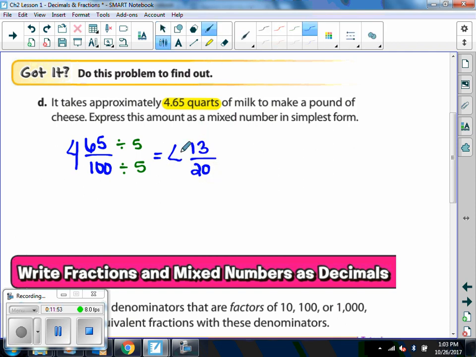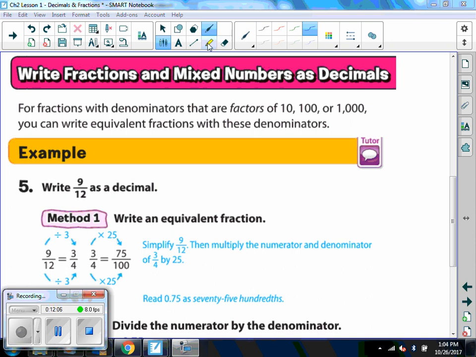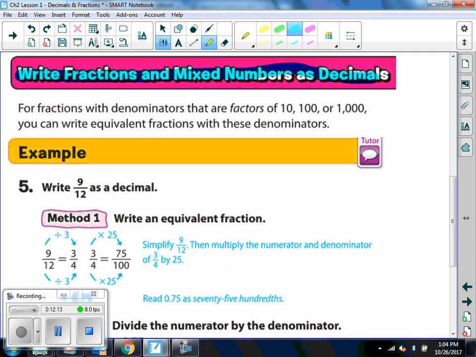So now we're going to go in the other direction, and we are going to write fractions and mixed numbers as decimals, okay? So for fractions with denominators that are factors of 10, 100, or 1,000, you can write equivalent fractions with those denominators, okay?